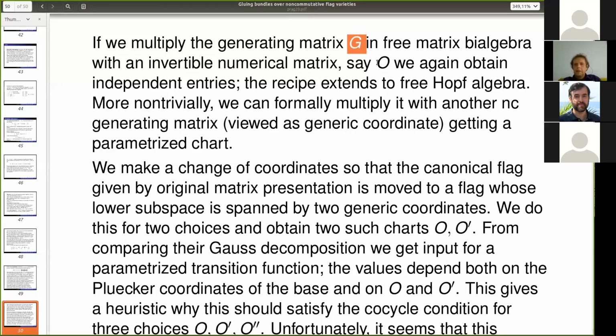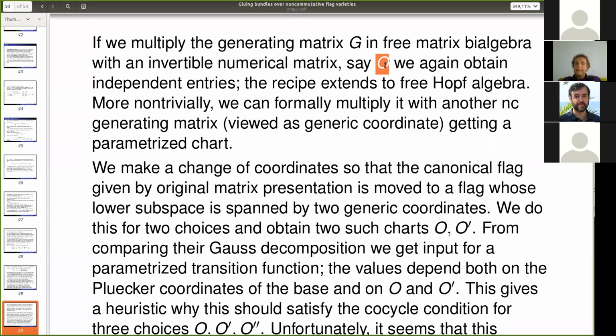However, of course, to determine a flag, you don't need to really have the whole basis. You don't need four vectors. It's enough to have two, because the Plücker coordinates won't see the whole change of coordinates, but just a part of it.